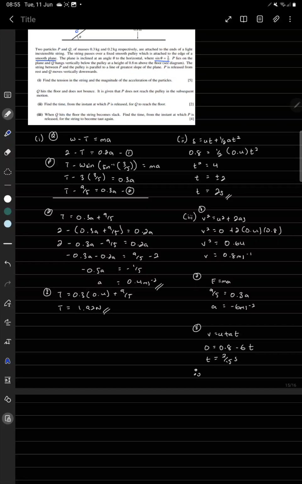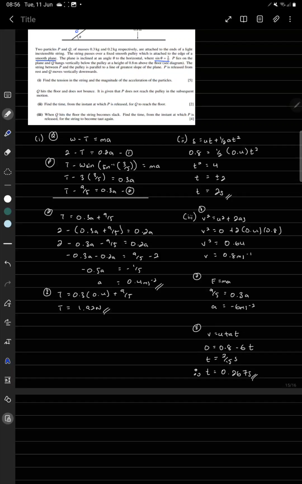You'll get 4/15. Okay, so 4/15 in 3 significant figures is 0.267 seconds. No, sorry. When I read the question back, it's asking for the time from when P is released, right?